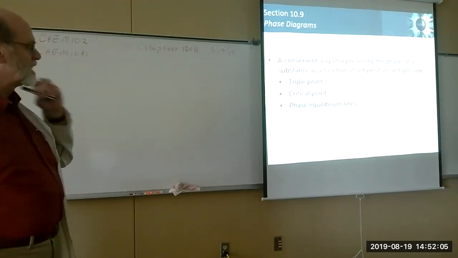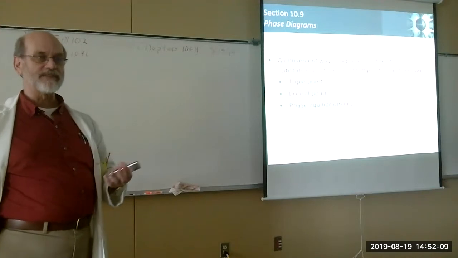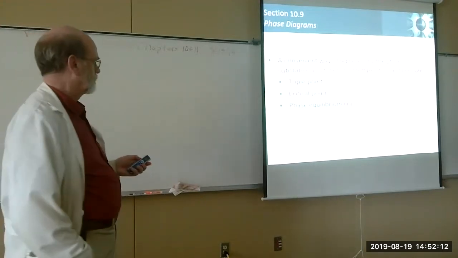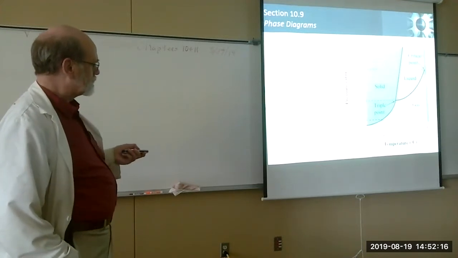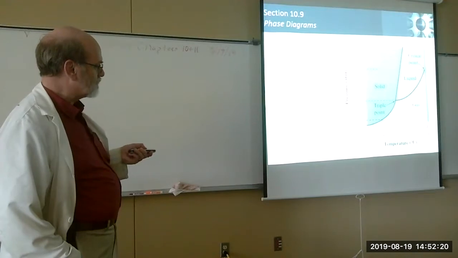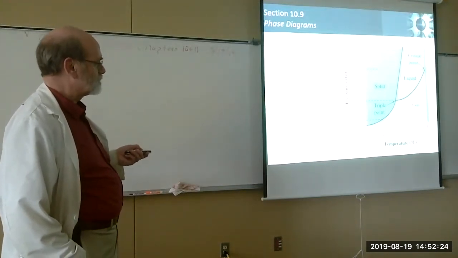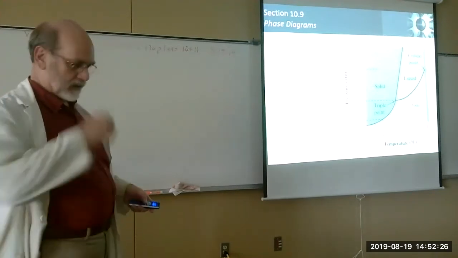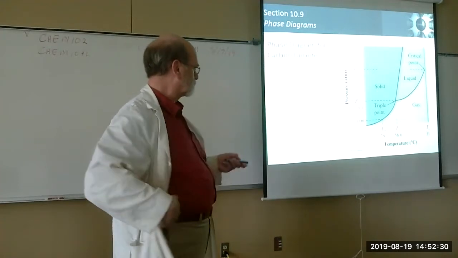Okay, so that was a heating diagram. Now we've got one other diagram to show you, which is called a phase diagram. What the phase diagram does is combine information about the temperature of a substance and the pressure at these various phases. This is an idealized version.